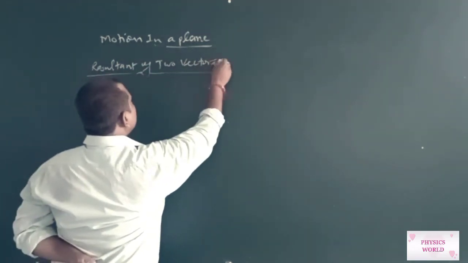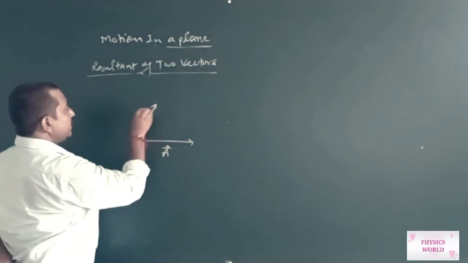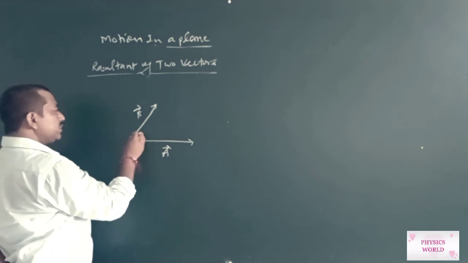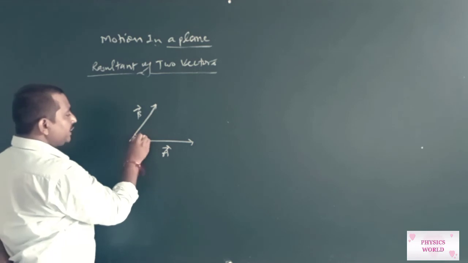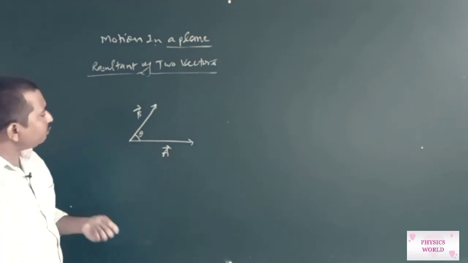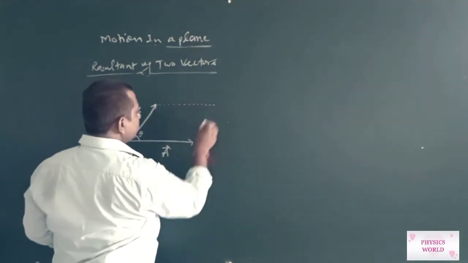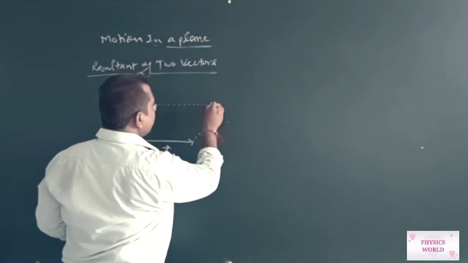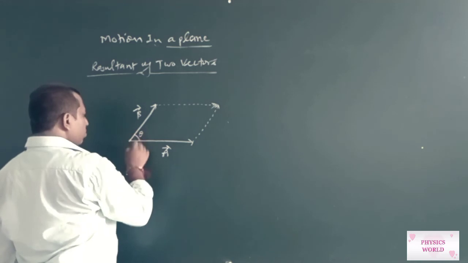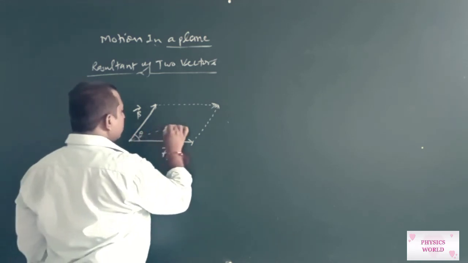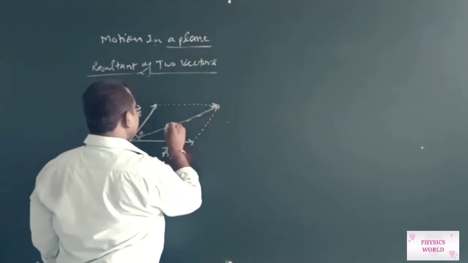Suppose that we have two vectors, A and B. If the inclination of vector B with respect to A is theta, what will be the resultant of these two vectors? We can easily obtain the resultant by forming a parallelogram and drawing a line joining the co-originating vector to the co-joining vector. This is the resultant of these two vectors.